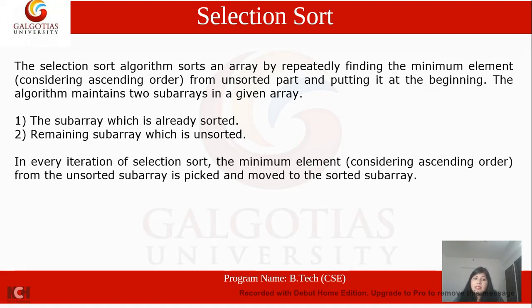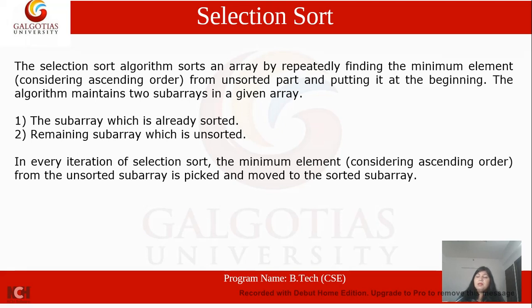The algorithm maintains two sub-arrays in the given array. One sub-array is already sorted and the second sub-array remains unsorted. Initially, our sorted sub-array will be blank, and we have the whole portion in the unsorted sub-array.